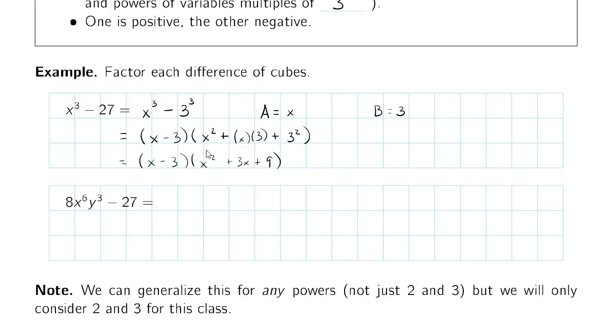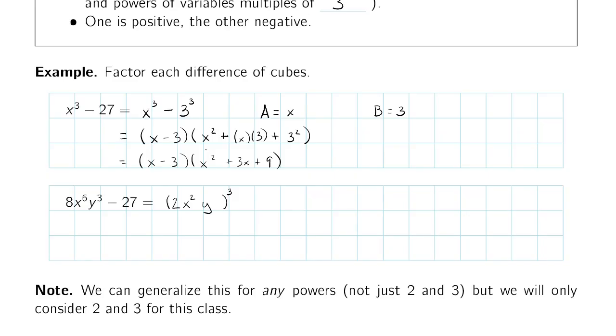Let's try a slightly more unpleasant example. So I've got 8x to the 6th y to the 3rd minus 27 again. So 8x to the 6th y to the 3rd. 8 is 2 to the 3rd. X to the 6th is x to the 2 times 3. So that's x squared to the 3rd.